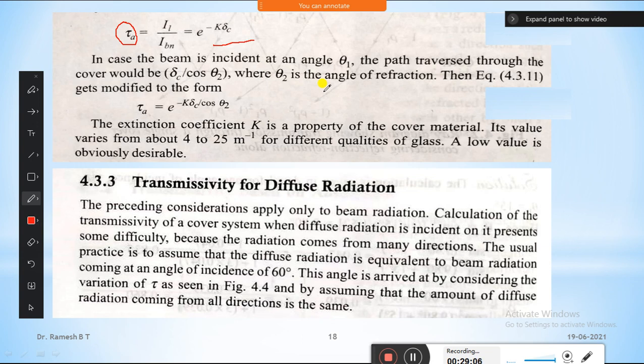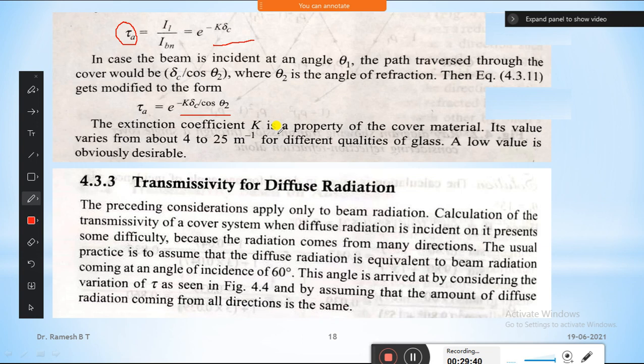If you introduce this angle, the above equation becomes tau_a equal to e raised to minus k delta c divided by cos theta 2. Clear? The extinction coefficient k is a property of the cover material, and different materials have different extinction properties, irrespective of the radiation, whether it is beam radiation or diffuse radiation.